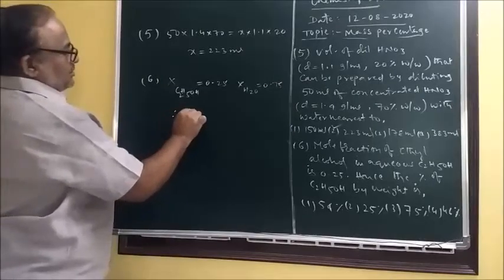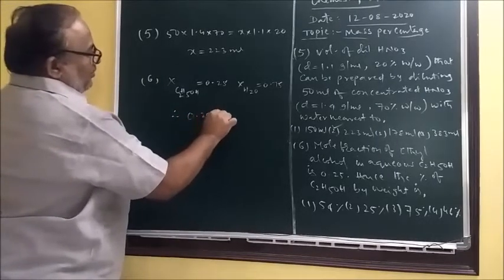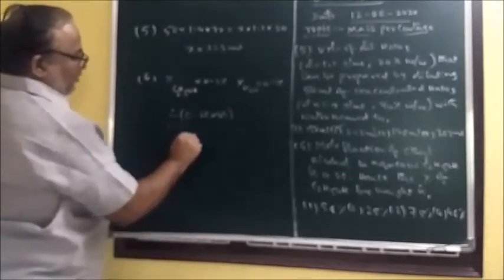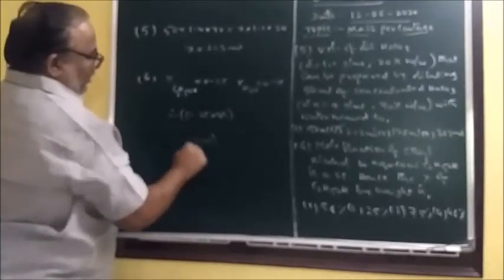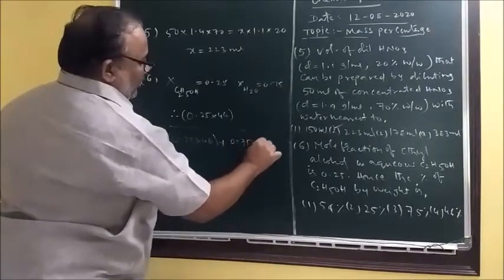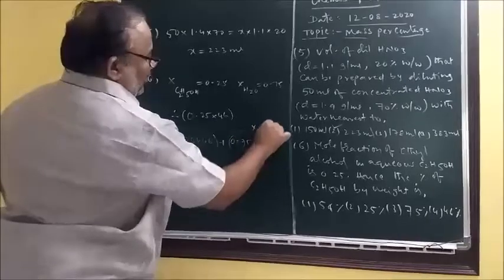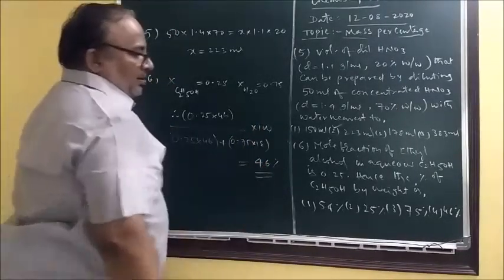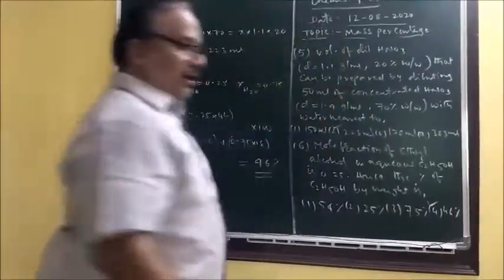Therefore, 0.25 into 46 by 0.25 into 46 plus 0.75 into 18 into 100. So on solving you will get 46%. Therefore, fourth option is correct one.